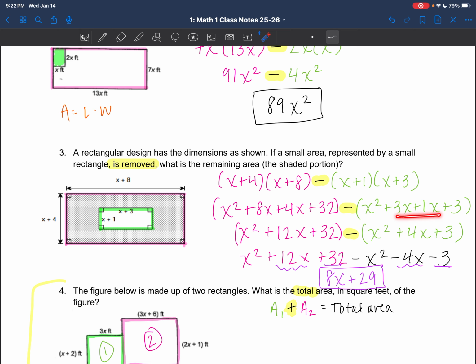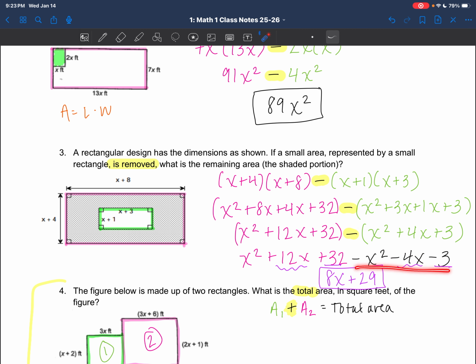Again, this is the big rectangle, and this is the small rectangle, and we're going to subtract this from that. So remember, when you have this, it's really like a negative 1. So we're going to distribute the negative to each term.